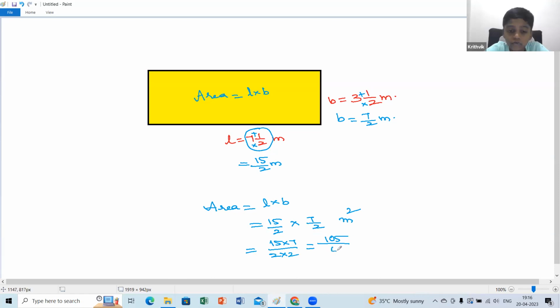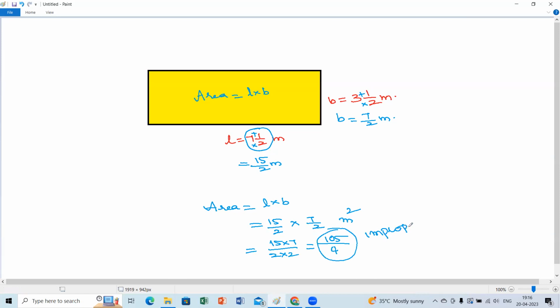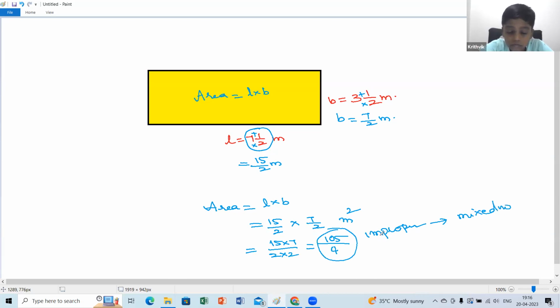This is what type of fraction? Improper fraction. We should not leave it like that. We should make it a mixed number. How to do that?